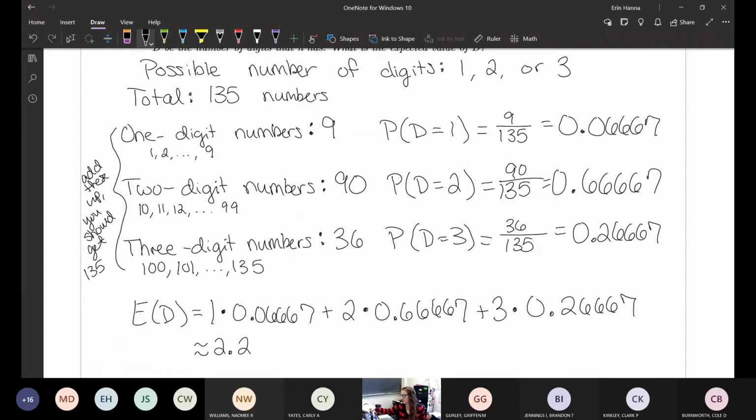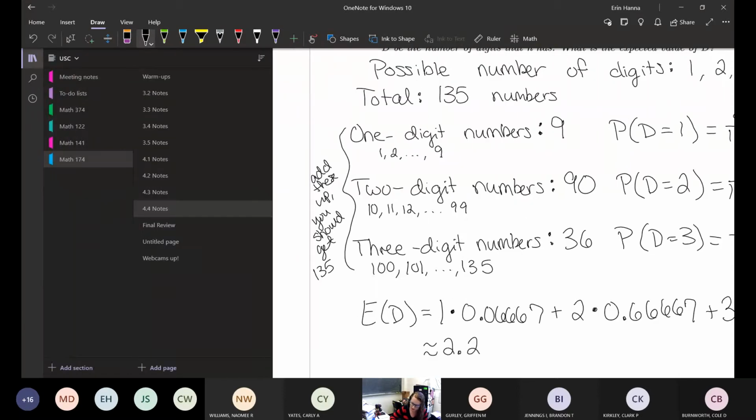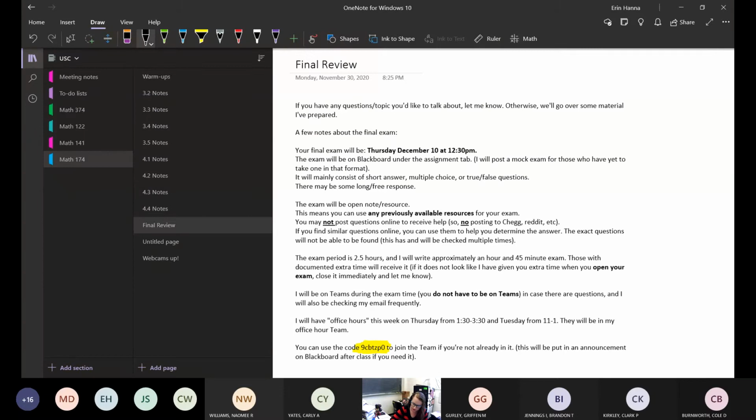I'll wait like 5 more seconds in case people are writing something down. No one said any topics they want to go over, so feel free to pop them in now. But otherwise we'll go over, I've compiled a short, well not that short, but I started compiling some review questions starting back from more chapter 1 material because it's been a long time since we covered that. The thing that I'm about to pull up isn't posted anywhere.